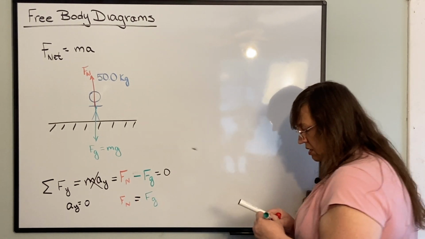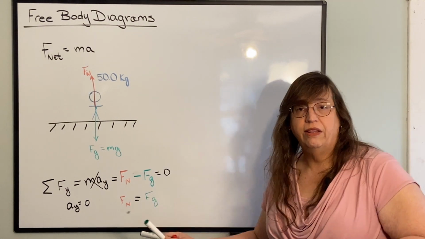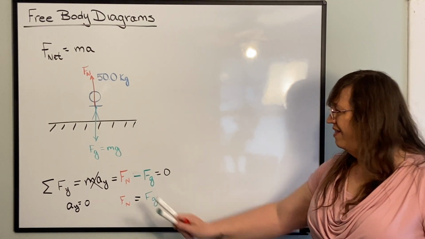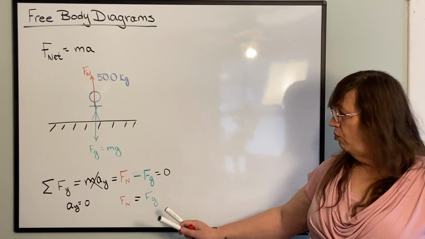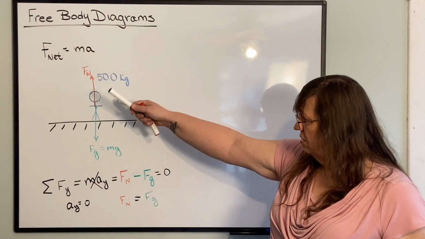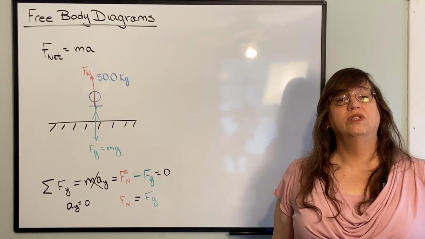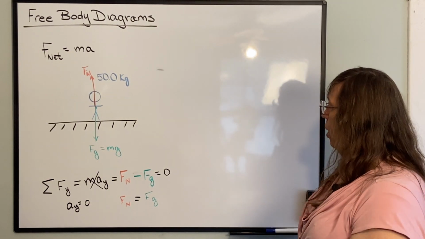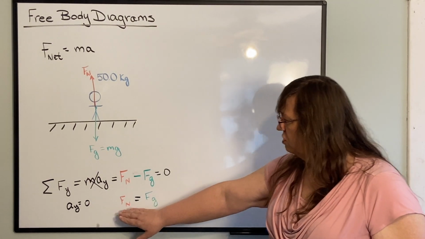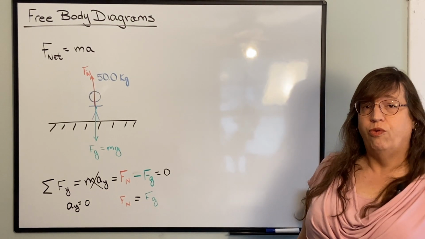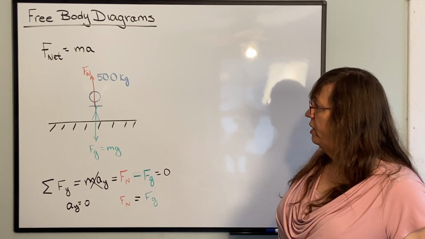Now, this doesn't mean that the vectors themselves are the same. The magnitudes are the same. This negative sign tells me that the gravitational force is going down. So this gives us a way we can find the normal force that's applied in this given situation.